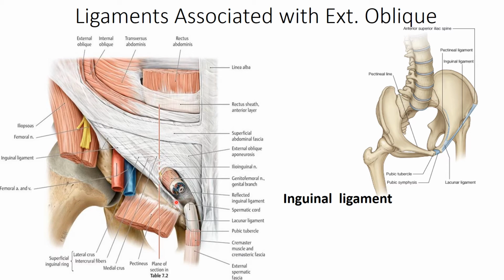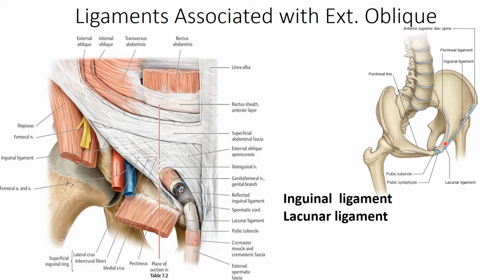Now towards its attachment to the pubic tubercle, some of the fibers are reflected here, and they go in two directions. One set of fibers pass posteriorly and then laterally, and they form the lacunar ligament complex.